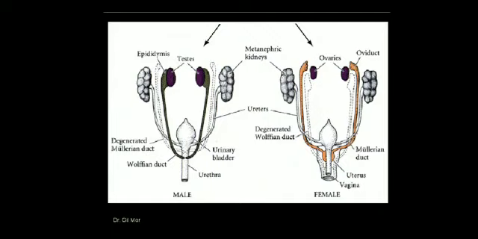So the Mullerian duct proliferates and forms the uterine tubes, uterus, and then ovaries. So this is about the differentiation of the internal genitalia.